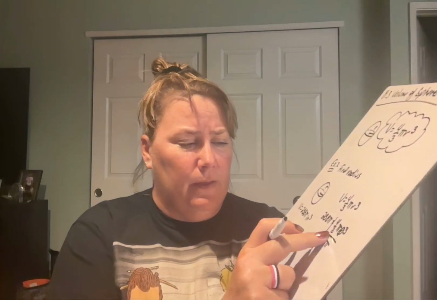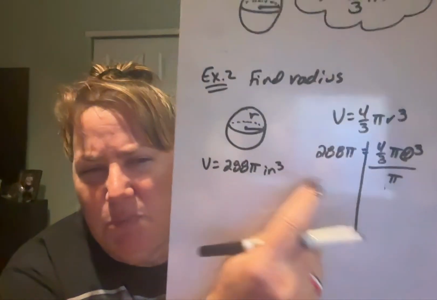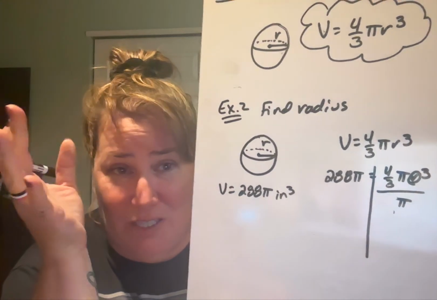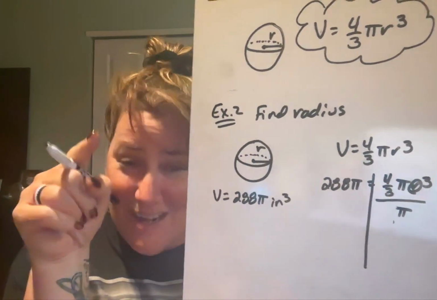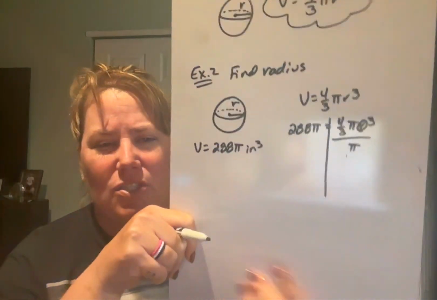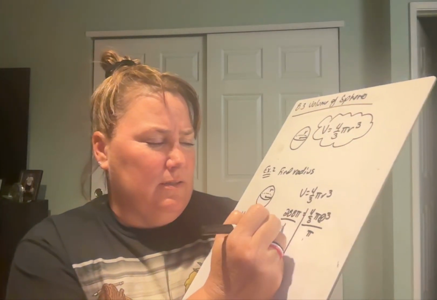Actually, you know what? No, I'm going to make this even easier. I'm going to change my mind here. I can do that. Okay? So, since both sides have pi, let's get rid of pi first and make it easier because then we're just dealing with numbers and we're not going to have to deal with the blah, blah, blahs. I changed up my mind. So, what we're going to do is we're going to divide by pi on both sides.